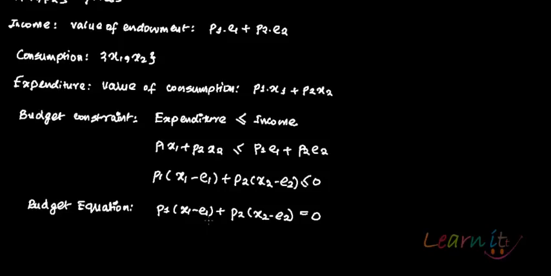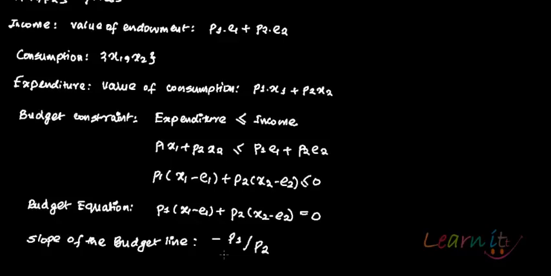So now the question is, what is the slope of the budget line? That is minus the coefficient of x upon coefficient of y, which is minus P1 by P2.